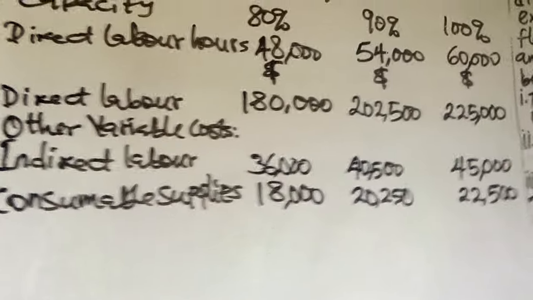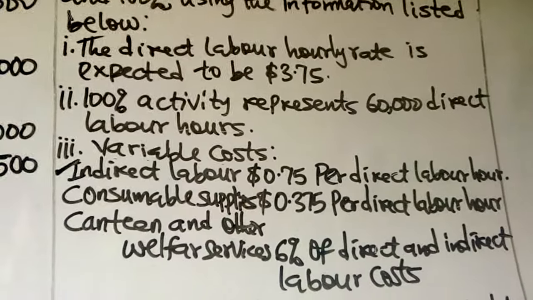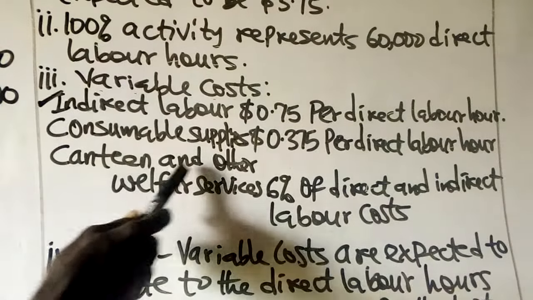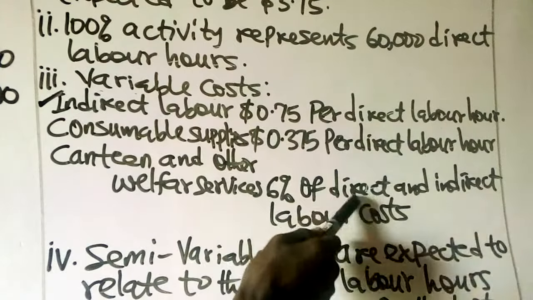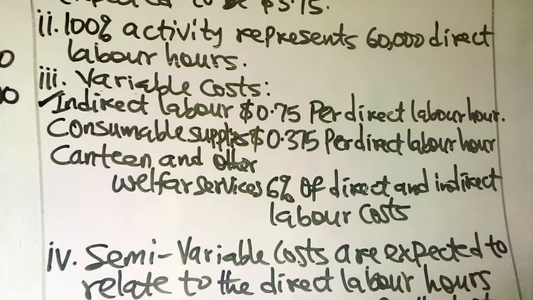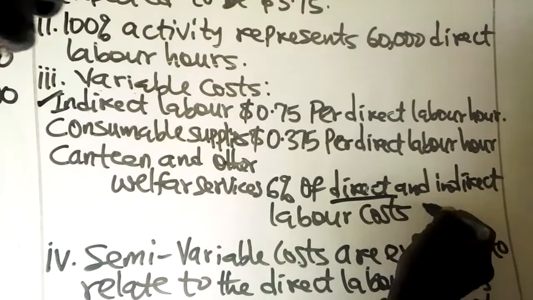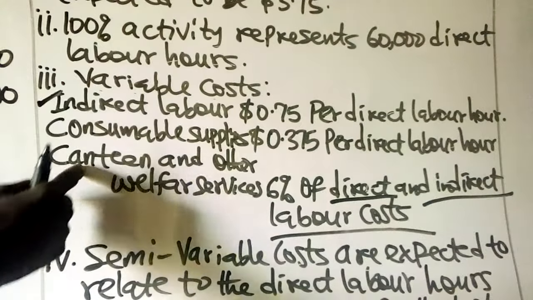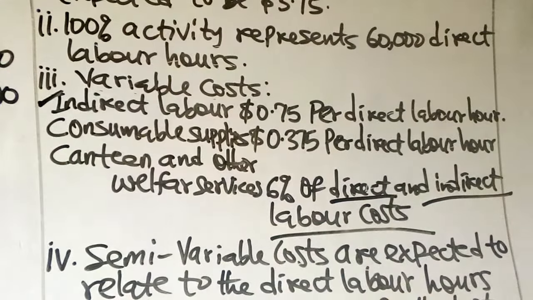Then we still have some other variable costs. We have canteen and other welfare services, which is 6% of direct and indirect labor cost. Two things were put together, direct and indirect labor cost, and 6% of it makes up the canteen and other welfare services.